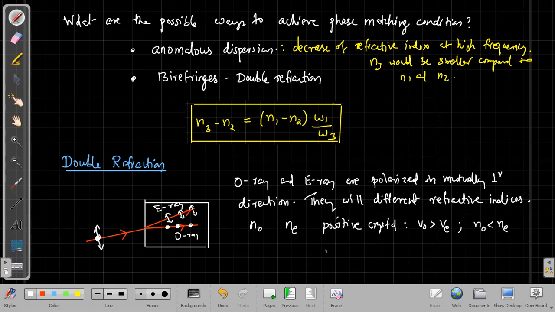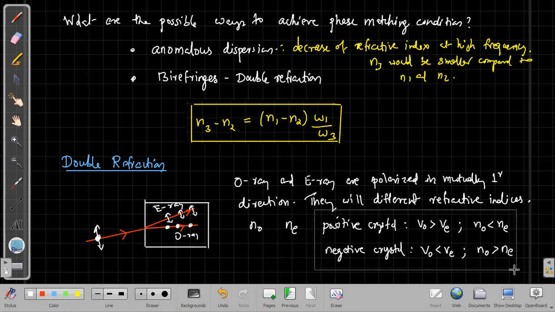A crystal is said to be negative if the speed of the ordinary ray is less than the speed of the extraordinary ray. In terms of refractive index, the refractive index of ordinary is greater than the refractive index of extraordinary. So this is by definition what is meant by positive crystal and negative crystal.